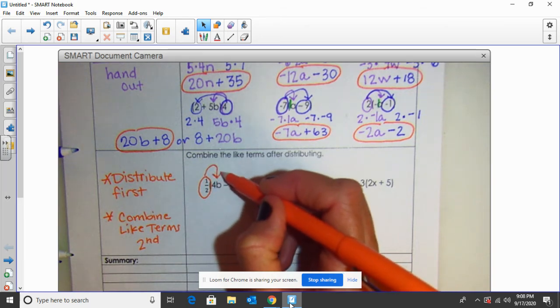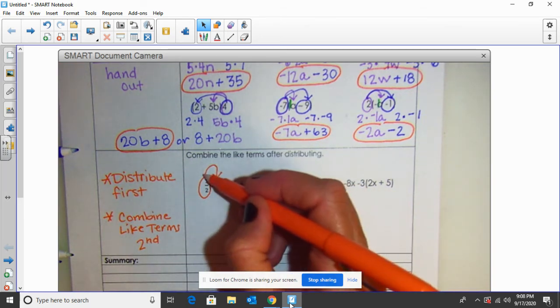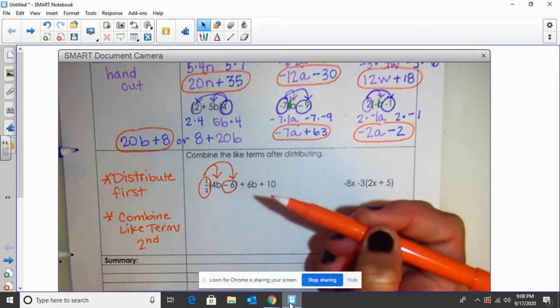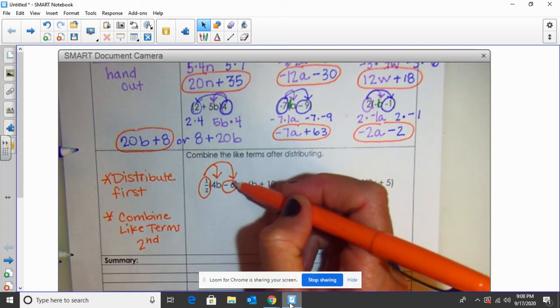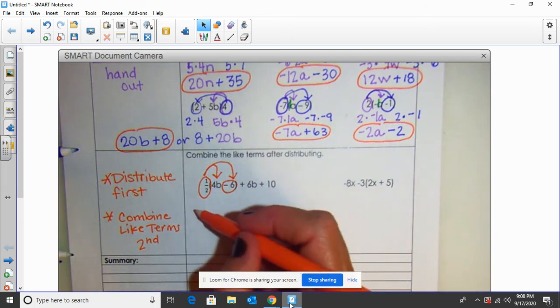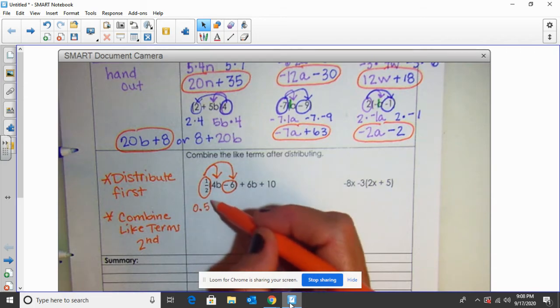So it's 1/2 times 4b, and then 1/2 times, that's a -6, right? It's a 6 in the problem, but if I pull it out by itself, I have to bring that sign with it. So if it makes you feel better in your calculator to type 0.5 instead of 1/2, that's okay.